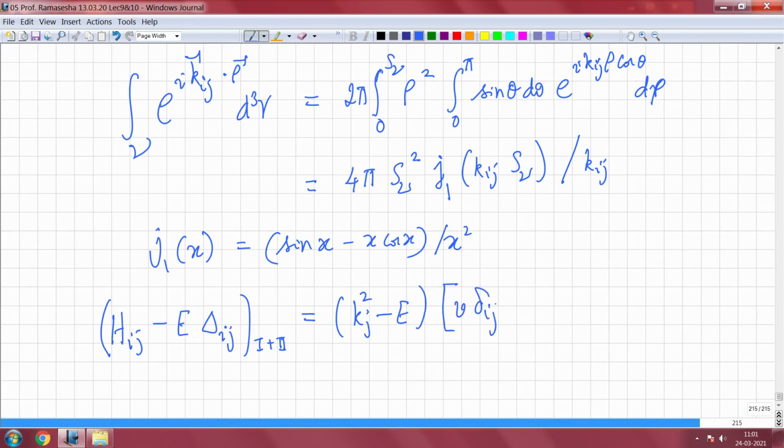V is the volume of the unit cell, minus 4 pi times the sum over nu of s nu squared j1 of k ij s nu divided by k ij, times e to the i k ij dot r nu, times g nu ij.